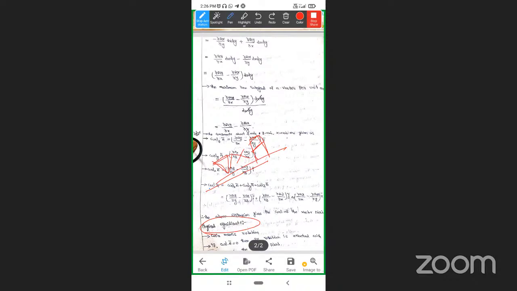Curl A equal to 0, or del cross A equal to 0, this vector is called an irrotational vector.